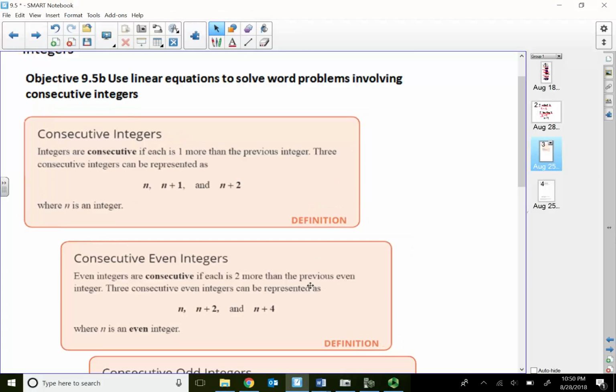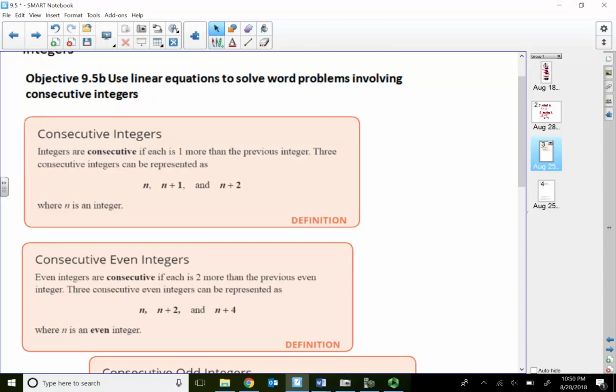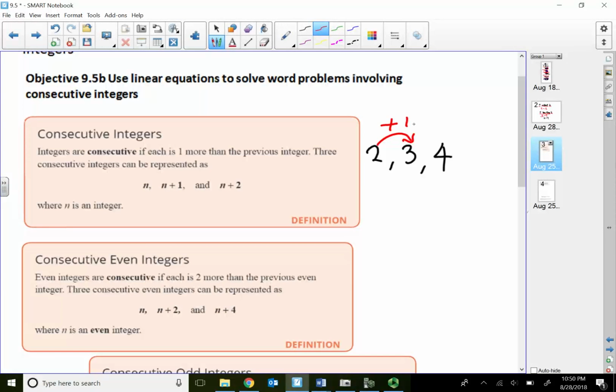Consecutive integers means integers that are back to back. For example, if I start out with the integer 2, the next one has to be 3, the next one has to be 4. If I want to travel from 2 to 3, all I have to do is add 1. If I'm starting at 2, trying to get to the third integer, I must add 2.